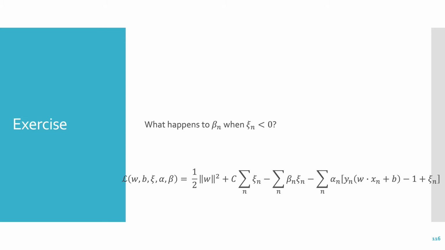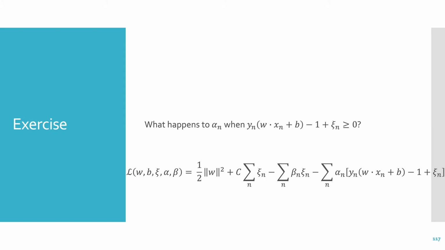That means that beta n will tend towards infinity, giving this term a very large positive value, maximizing this expression. So if our constraint isn't met, that xi n is greater than or equal to 0, then beta n will head towards infinity. But if our constraint is met, then beta n will be as small as possible.